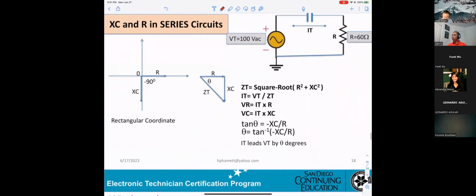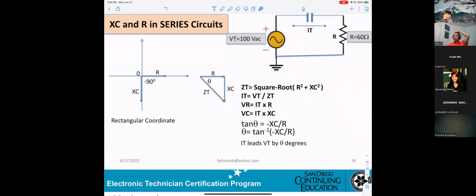Okay, now we try to do the calculation. First thing, they want to calculate the total impedance. Okay, we're not using total resistance. The thing is they include capacitor and resistor. That's why they call it impedance.